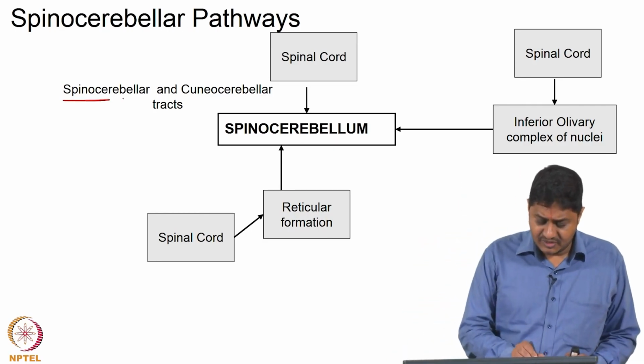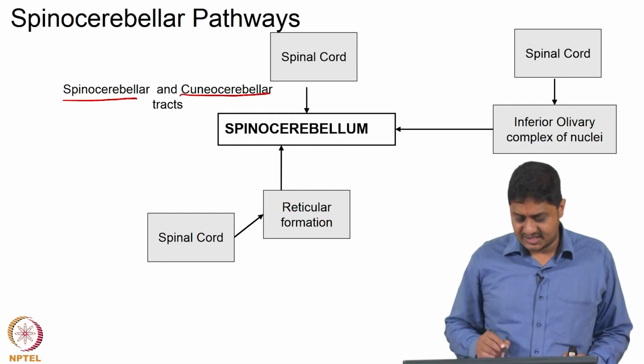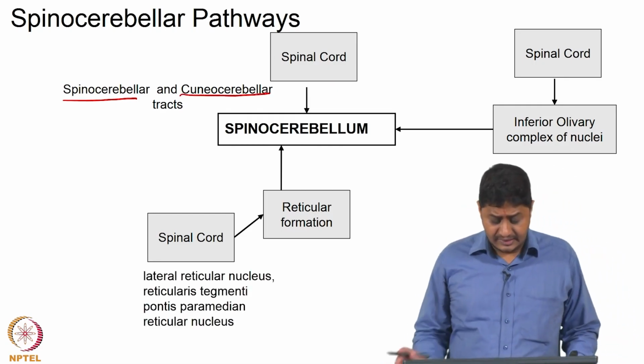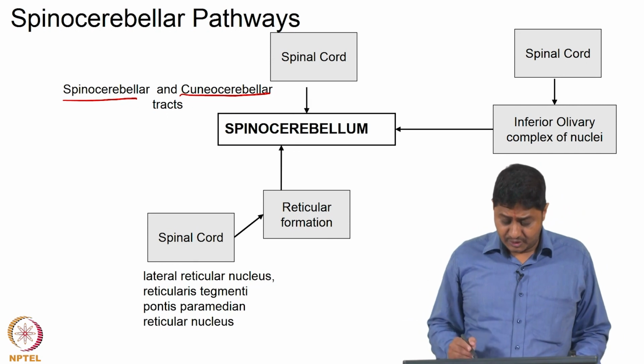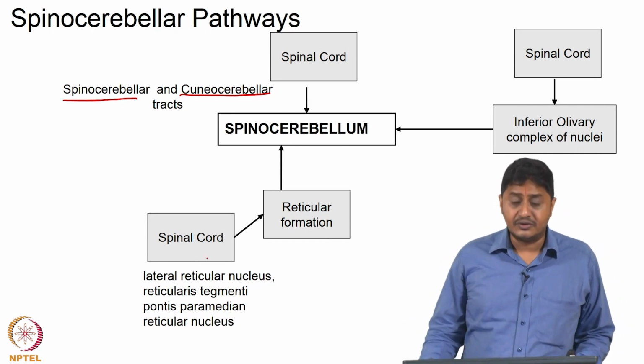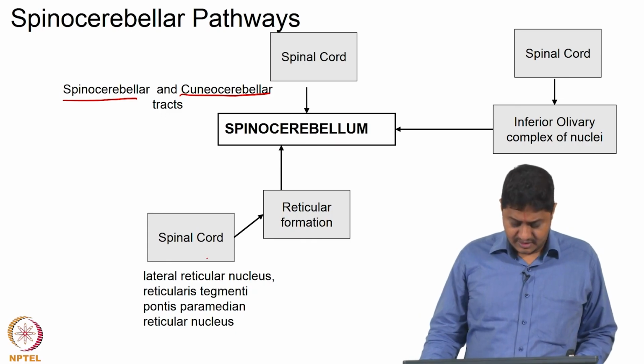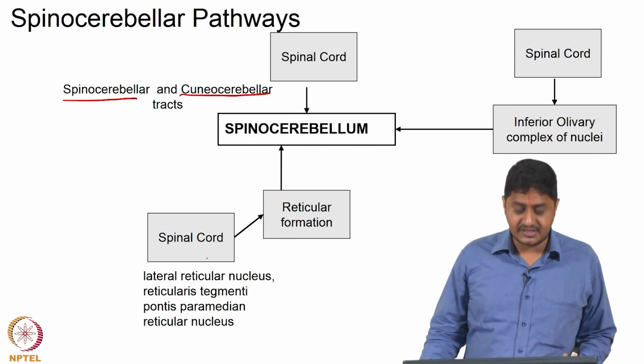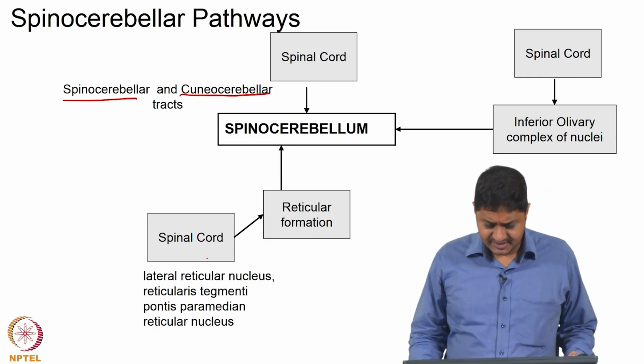These are called the spinocerebellar and the cuneo-cerebellar pathways, and the spinal cord projects to the reticular formation and multiple nuclei within the reticular formation such as the lateral reticular nucleus, reticularis tegmenti pontis, paramedian reticular nucleus, for example.